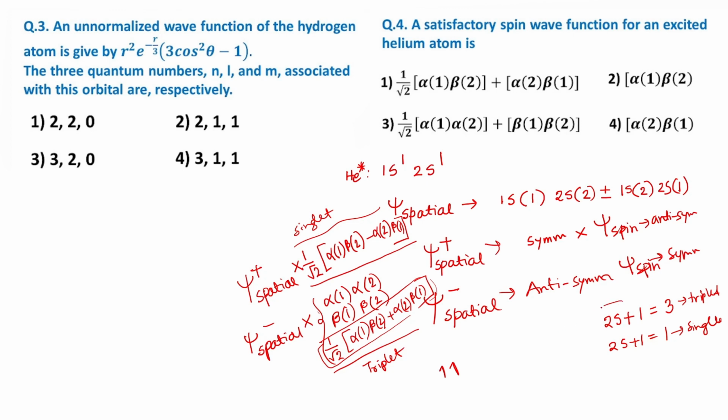By that analogy I am saying 2s plus 1 equals 3 if it is triplet. But see here, the total spin is actually going to be 0 because alpha and beta are there. Even then this is called triplet. Actually the triplet and singlet come from these wave functions, not from the nomenclature 2s plus 1 is 3 for triplet and 2s plus 1 is 1 for singlet.